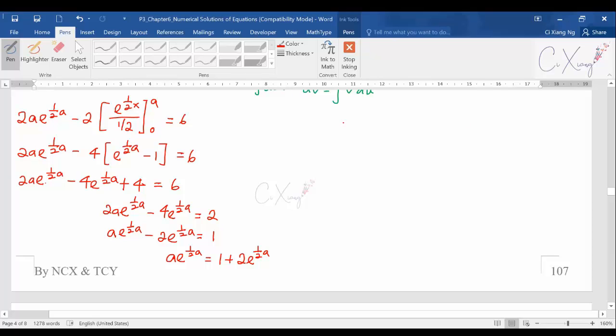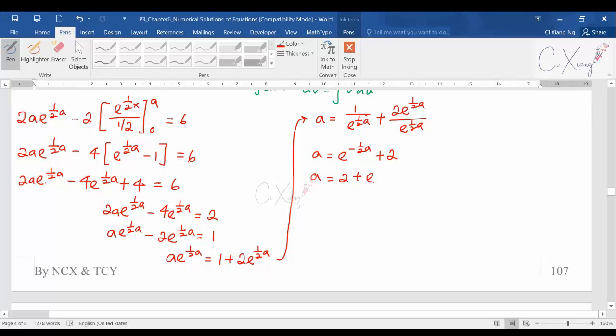Then I think from here, I can see the answer already, because if I bring the e power half a over, it will become divided. And then for this one, this is what you get. And when you try to simplify it, you have the answer.